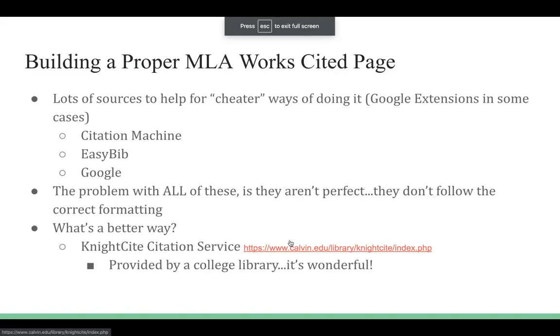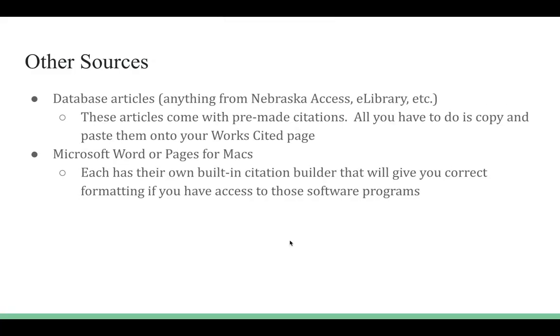Okay, so going back to the notes, other sources that you can use that give you citations or help building citations for your works cited page. If you do research from a database, which is essentially an online library for articles that have previously been published in paper form.